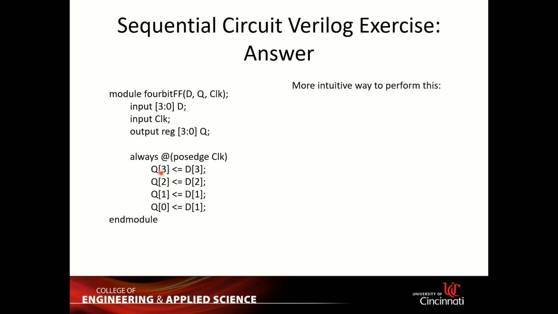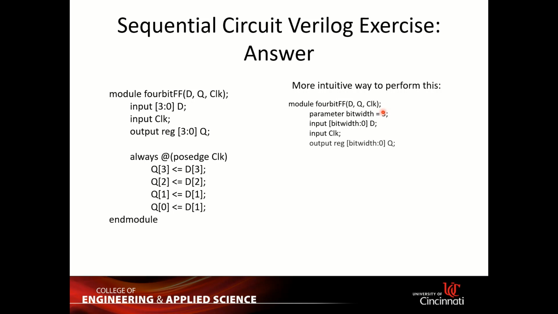But there's also another way, which some of you might be interested in. Instead of doing every single thing at once like this, you can make a for loop statement. First, in order to do that, I can create a parameter. I call it bit width equal 3.